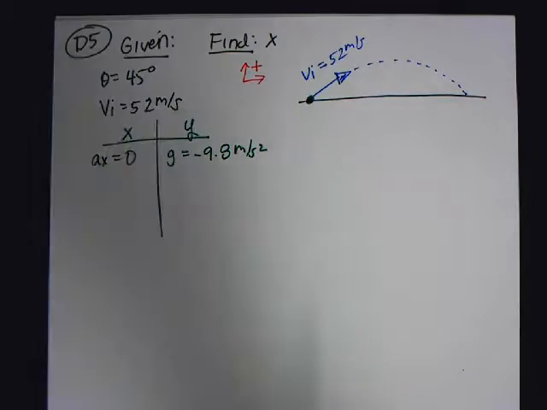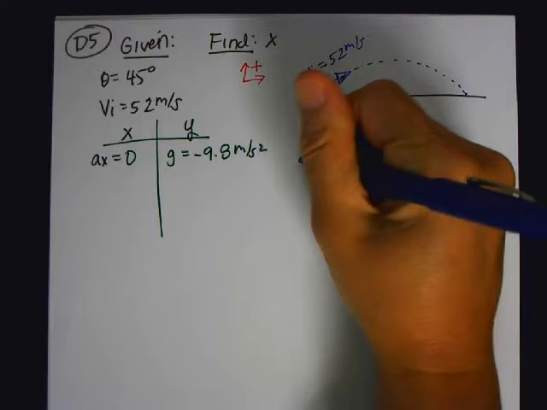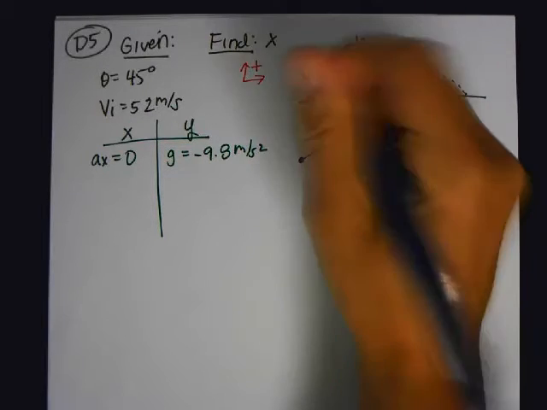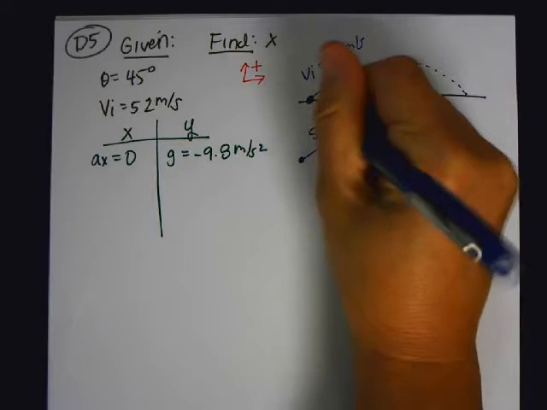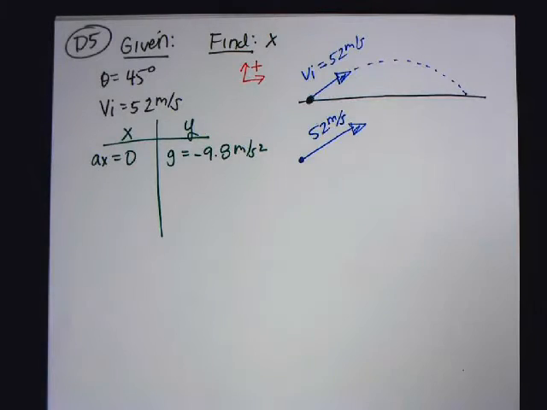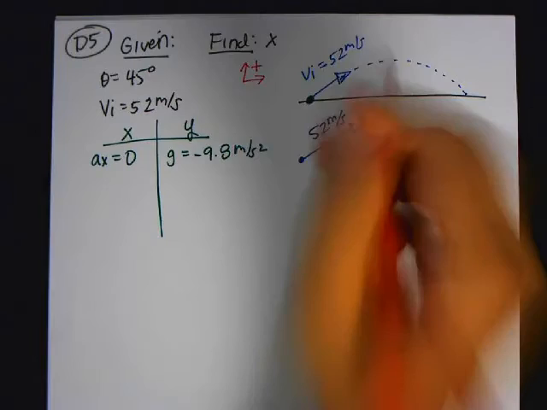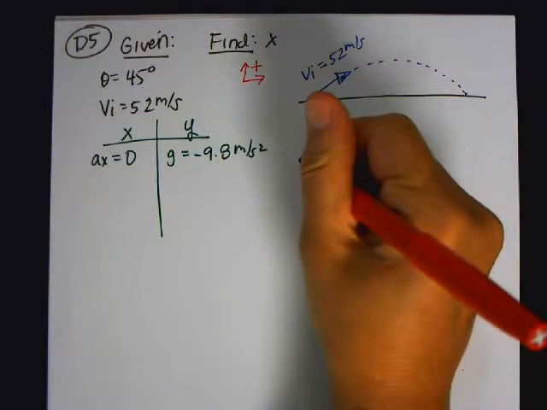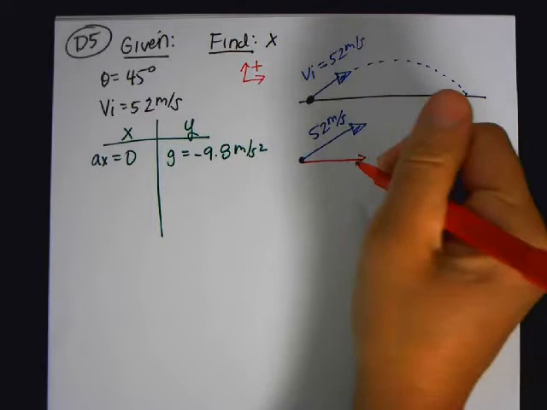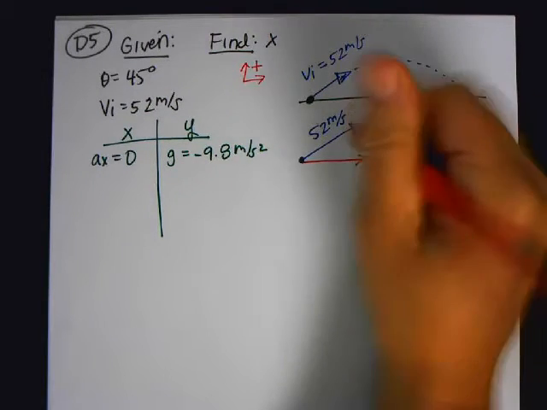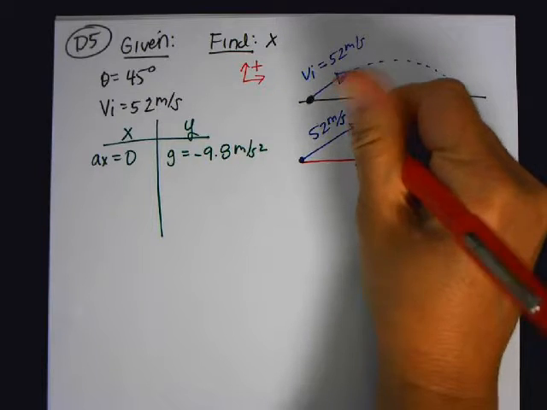So my initial velocity like this is 52. And then to find the horizontal and vertical components from where I start, I'm going to go like this. And then from here, I'm going to go like this.